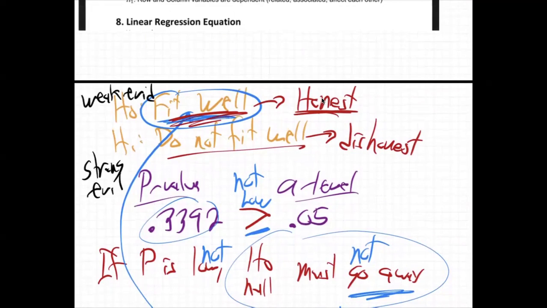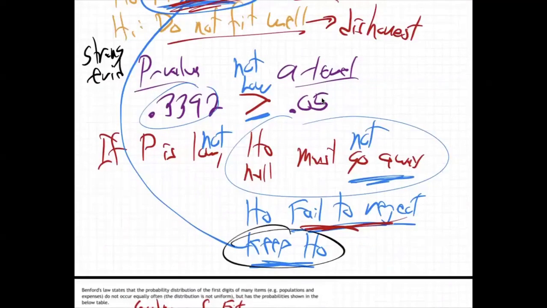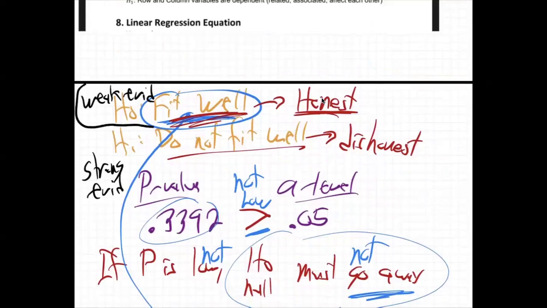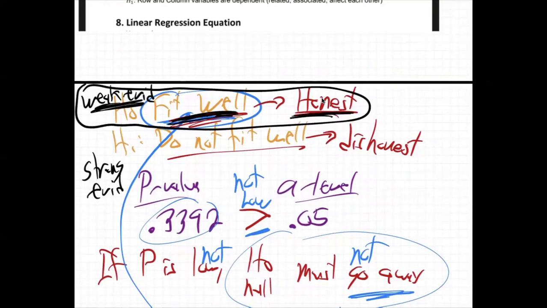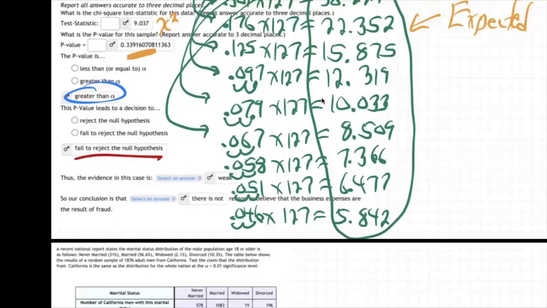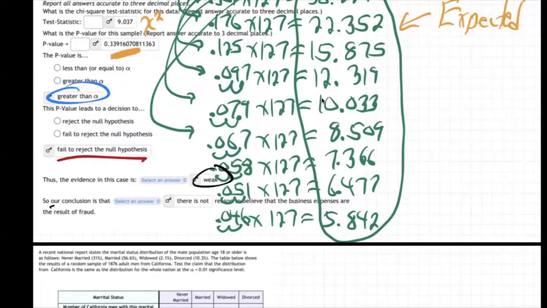We kept H0. So that means we're going to believe exactly what H0 says, which means there's weak evidence. They do seem to fit well. We think the company's honest. So there's weak evidence. So our conclusion is that there is not reason to believe the business expenses are the result of fraud. Fraud means lying. We believe there's not evidence that they're lying.